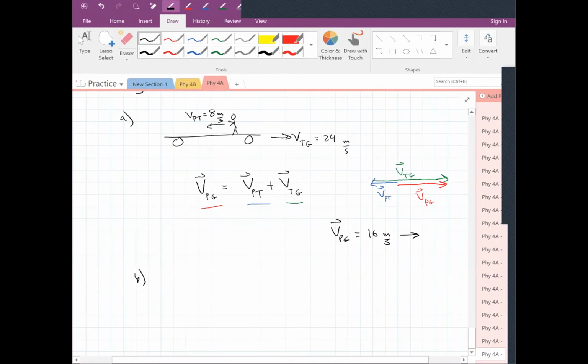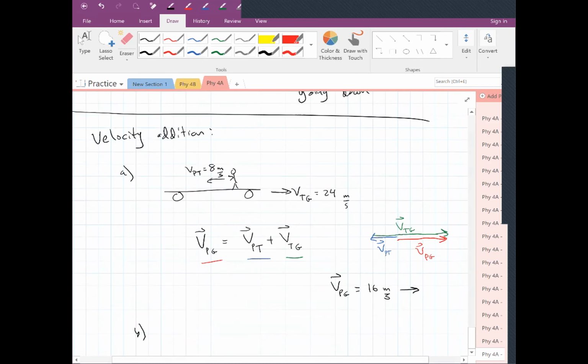Okay, let's do now in this case, question is, wouldn't the velocity be larger than 24? No, because they're moving opposite the direction of motion.